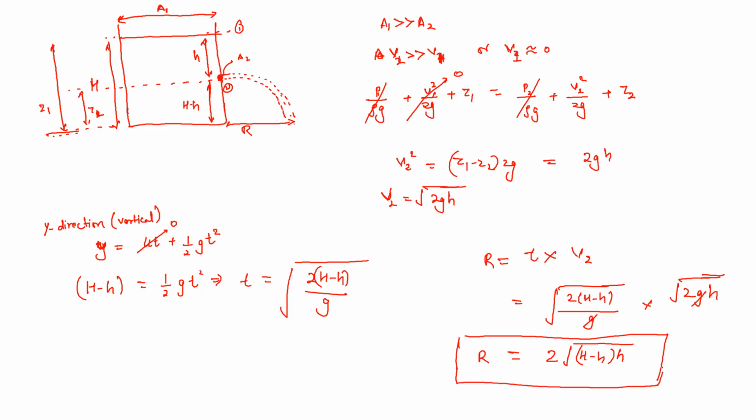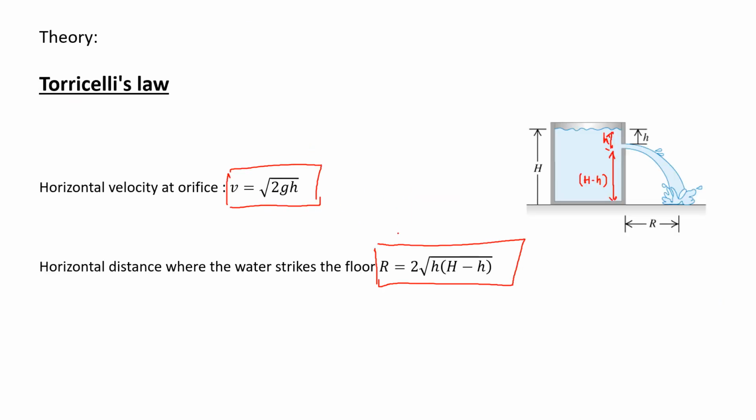I think we have done this in projectile motion in our physics classes in +1 and +2, how to calculate the range of the projectile and all of those things. It's very similar to that. But if you don't want to go through all this derivation, you can just memorize these two formulas.